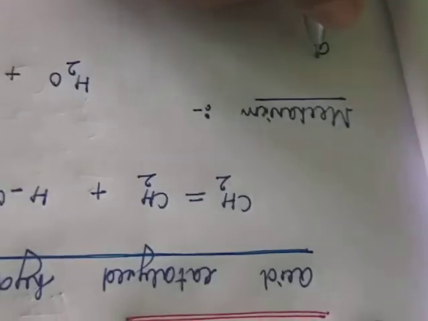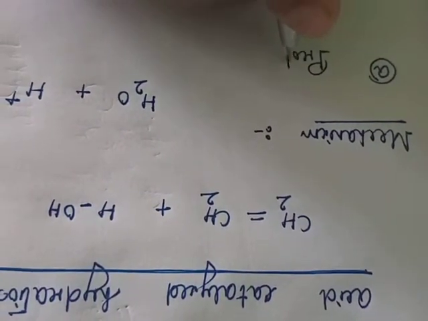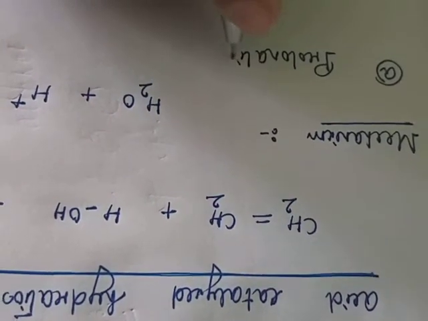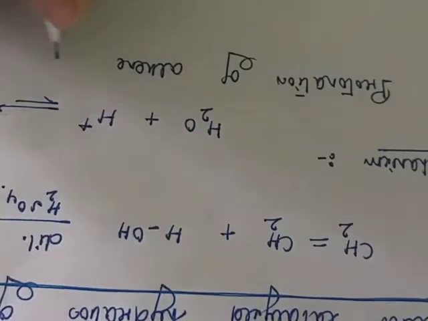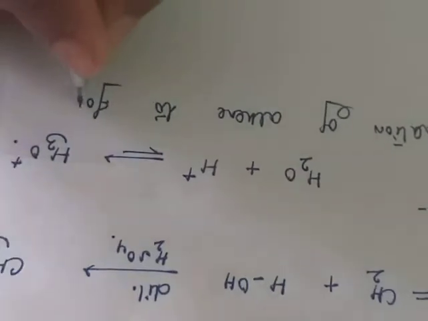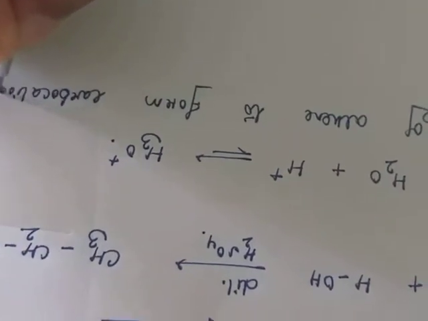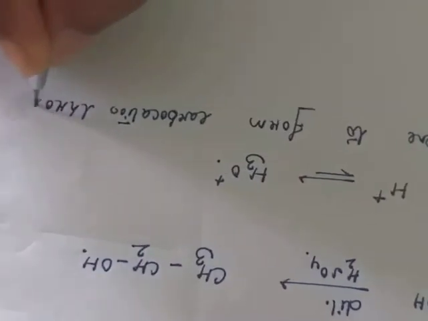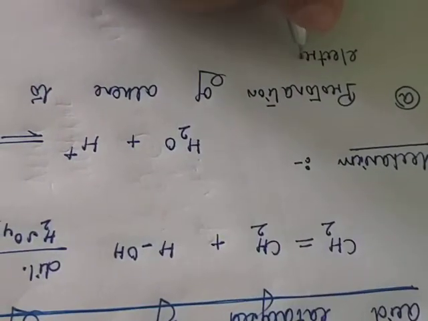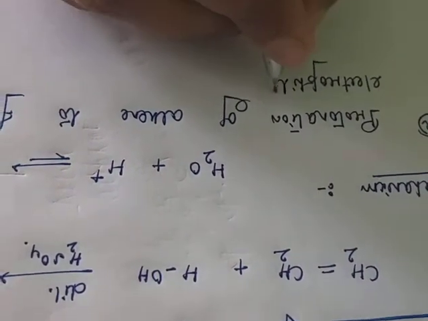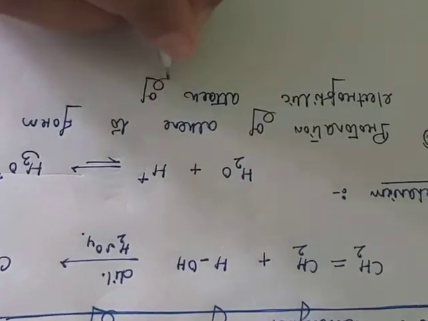The first step of this mechanism is protonation of alkene to form carbocation through electrophilic attack of hydronium ion.